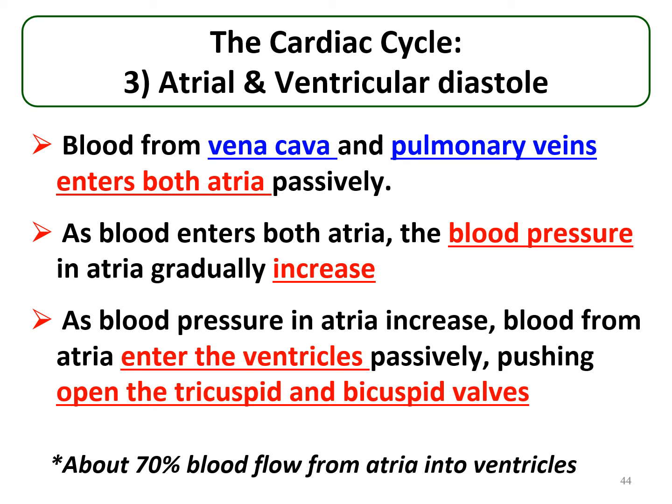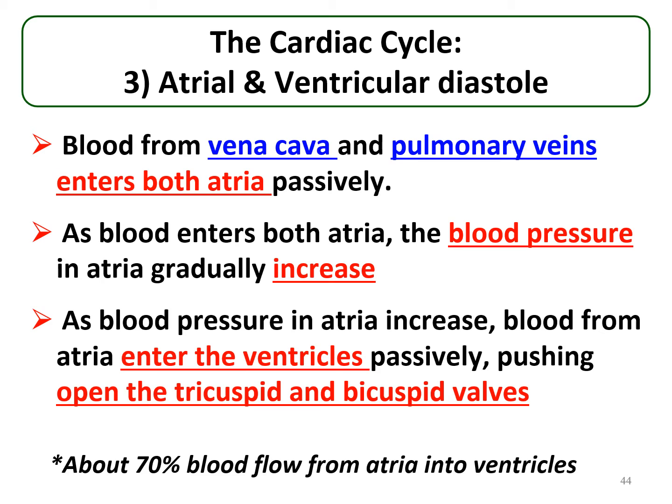So during relaxation of atria and ventricles, blood from the vena cava and pulmonary vein enters the atria passively. Sebab apa pasif? Sebab masa tu tengah relax, tak ada paksaan untuk darah itu masuk ke dalam chamber, tapi memang dah masuk. Okay?